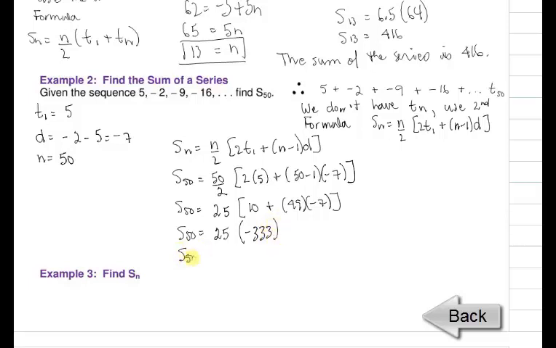When we multiply 25 times negative 333, we get negative 8,325. And so the sum is negative 8,325. That concludes example number 2.